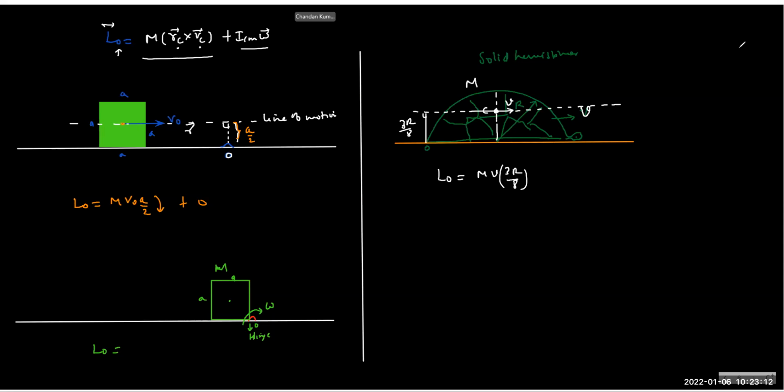Yeah, that's correct, a by root 2. So now you know the velocity of the center of mass, and what is the r c, how far is the center of mass from O? A root 2 by 2. It's the same thing, a by root 2. Yes, a by root 2. So you know the r c, you know the v c. And what is the angle between these two? 45. Okay, so here you go wrong.